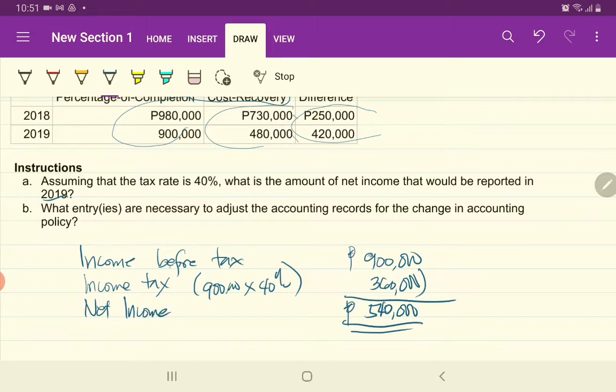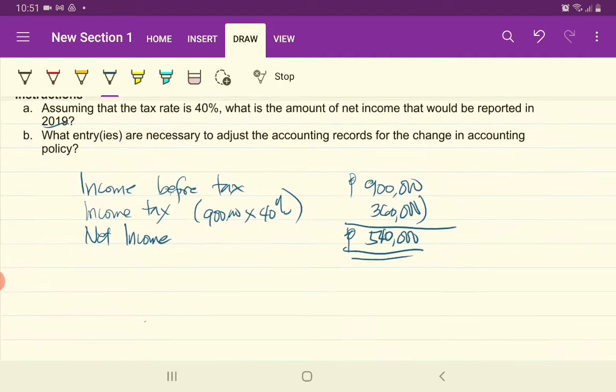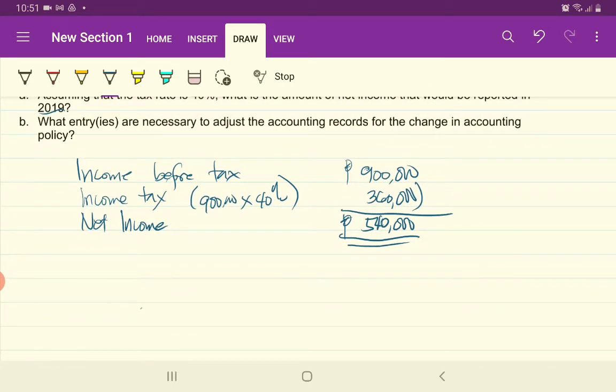Ay, by the way, before we proceed to letter B, unsa atong entry aning atong income tax? Review lang sa inyo ang accounting for income tax. So, debit ka og income tax expense, syempre, 360,000.